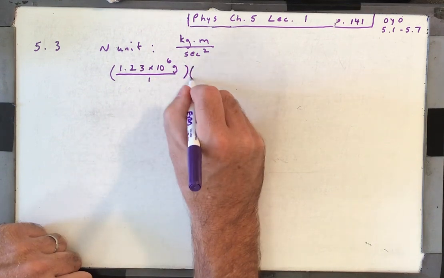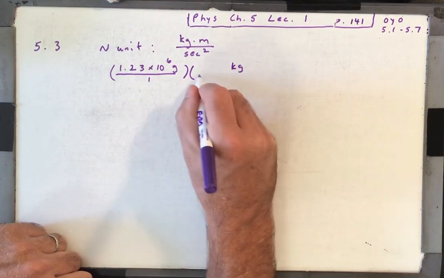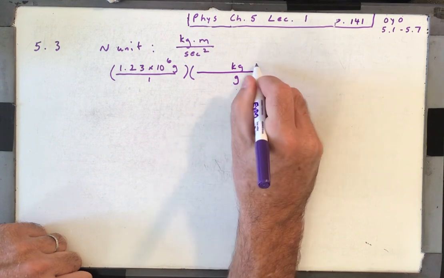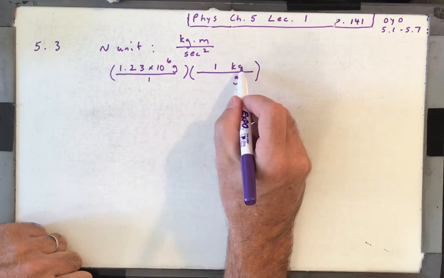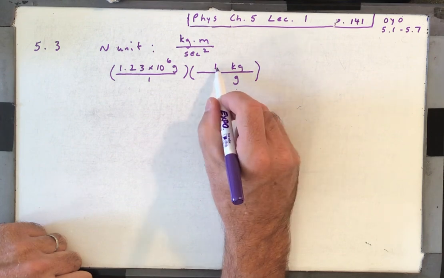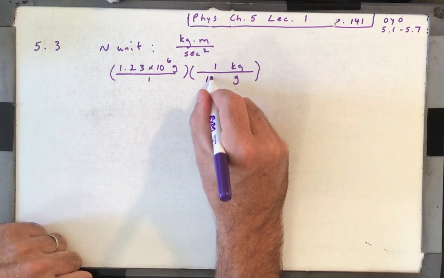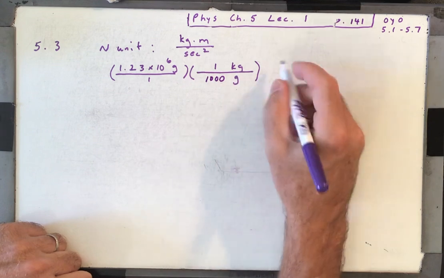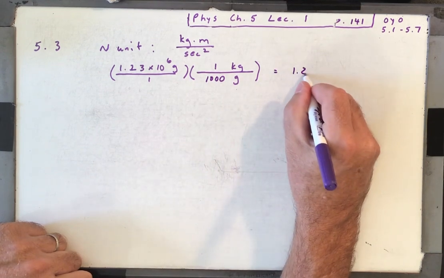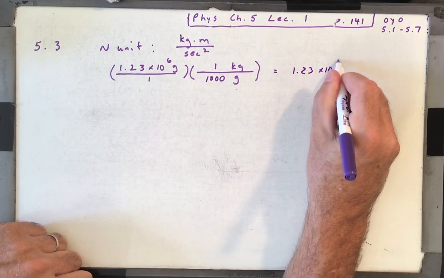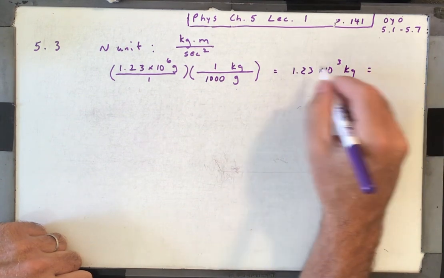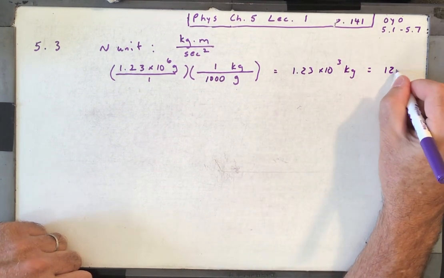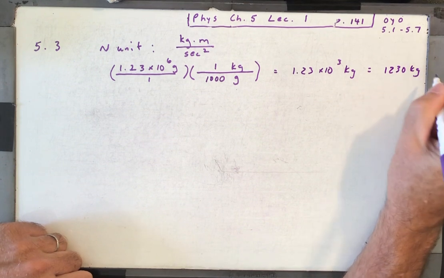Put that over 1. We want to change that to kilograms. Get rid of grams. One goes by the bigger one. Kilograms are bigger than grams, so one goes by the bigger one. There's 1,000 grams in a kilogram. So you would just divide that number by 1,000. That's 1.23 times 10 to the third kilograms. And if you don't want to use scientific notation, just 1,230 kilograms.